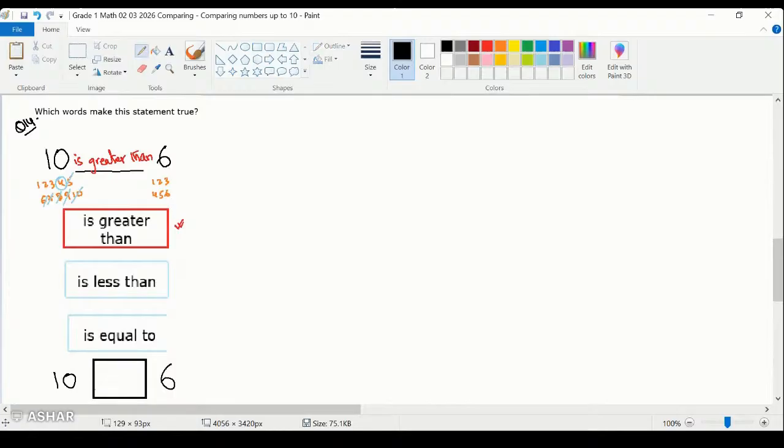We said 10 is greater, and we know that whichever value is greater, the open mouth will come towards the bigger value, right? 10 would be greater than 6. Perfect. Thank you, Deborah. Thank you, Solomon.